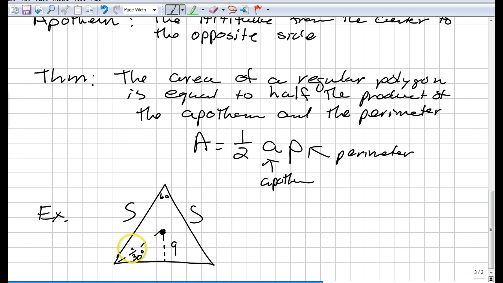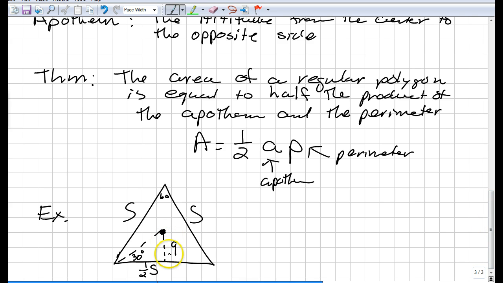And so if I bisect the angle, it gives me 30. So this is 1/2 of S, okay? And what I want to find first is the perimeter. Well, first we have to find out what S is.